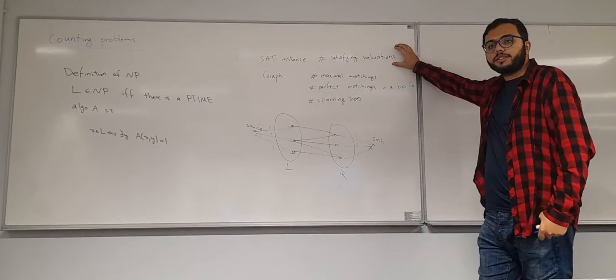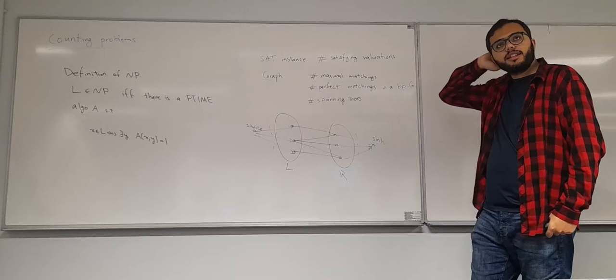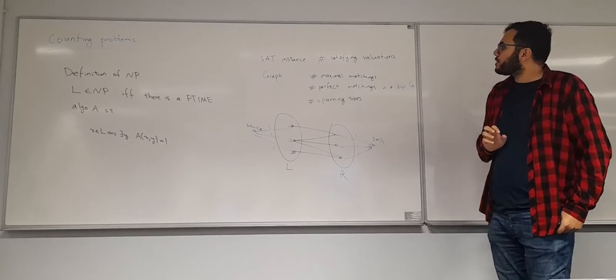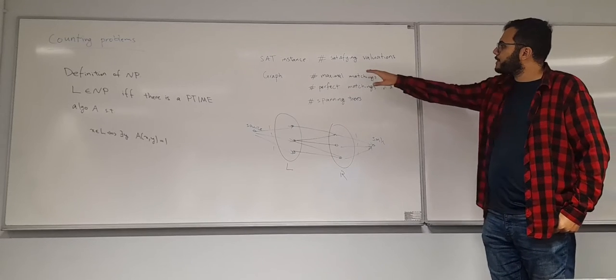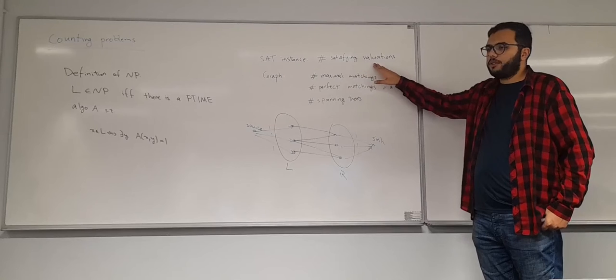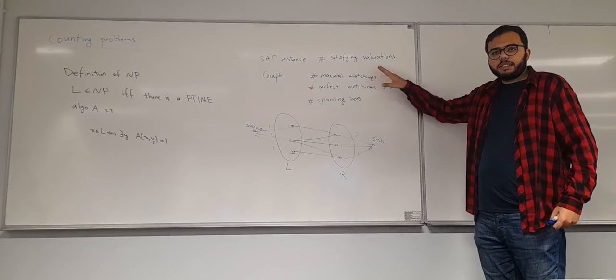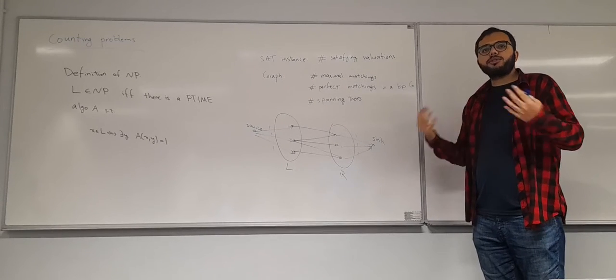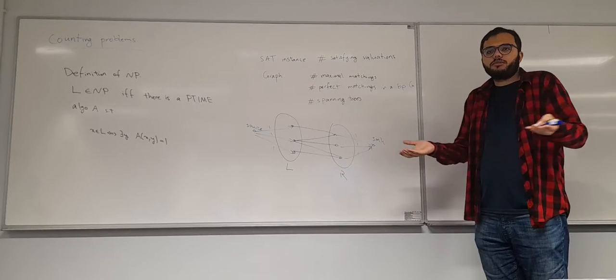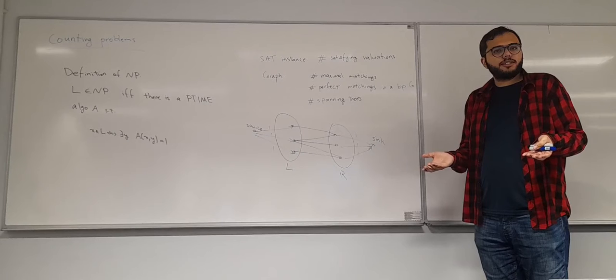Let's say I give you a SAT instance, and let's say that it has n Boolean variables in it. What is the number of satisfying valuations? What is an upper bound on it? Well, in the case where I have the most satisfying valuations, I just have something that is true and everything satisfies it.